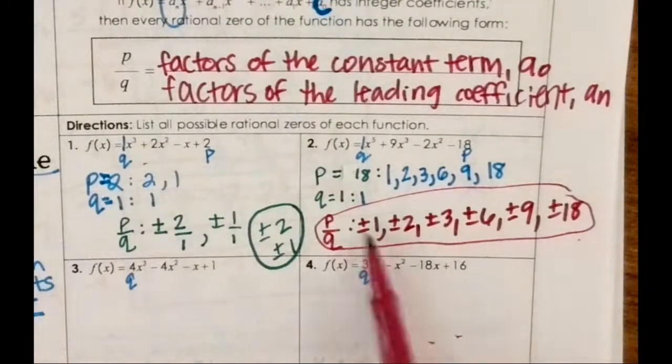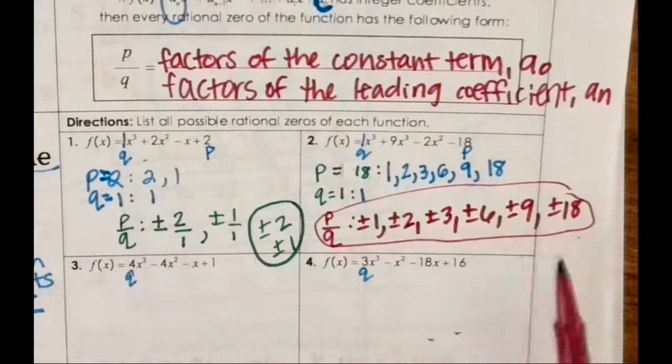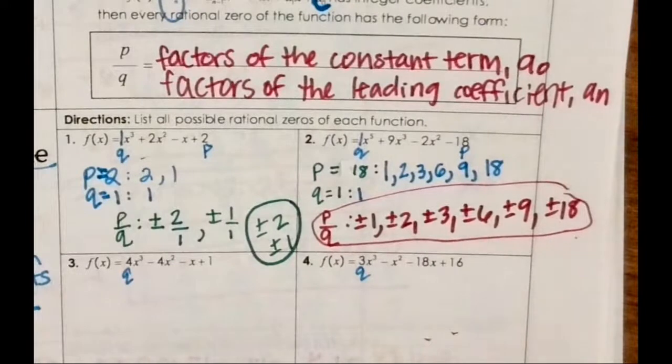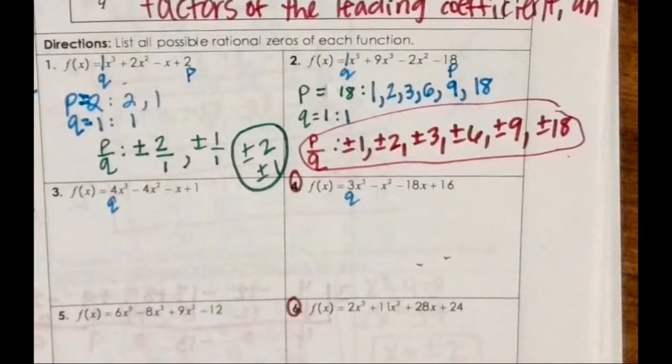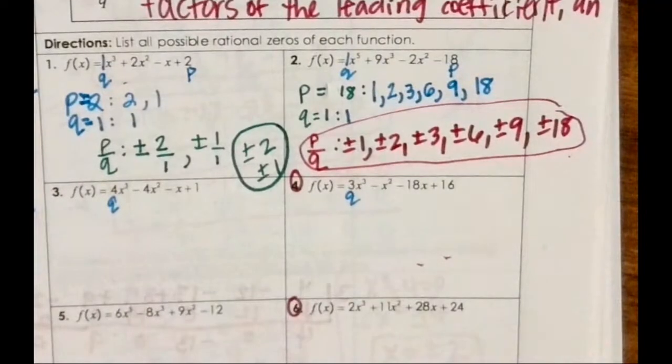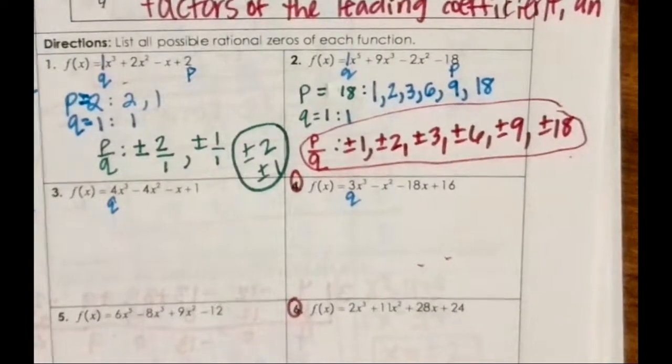But we have our possible zeros and we will find out how to go from there to find which zero it actually is. Okay? So, I don't want to have to do all of these. Let's do 4 and 6. And then I'll write the answers for 3 and 5 if you want to try them on your own.